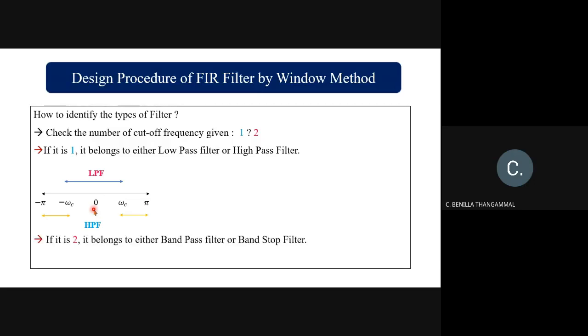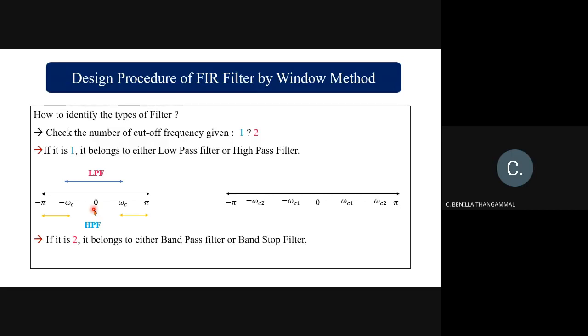Suppose you have two different cutoff frequencies, it belongs to either band pass filter or band stop filter. So minus pi to plus pi is segmented into two sections, and omega c1 and omega c2 will be placed in between 0 and pi, and minus omega c1 and minus omega c2 will be placed in between 0 and minus pi.